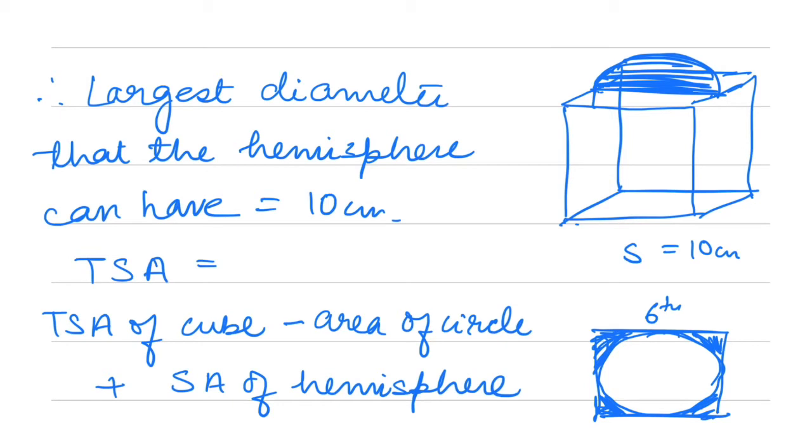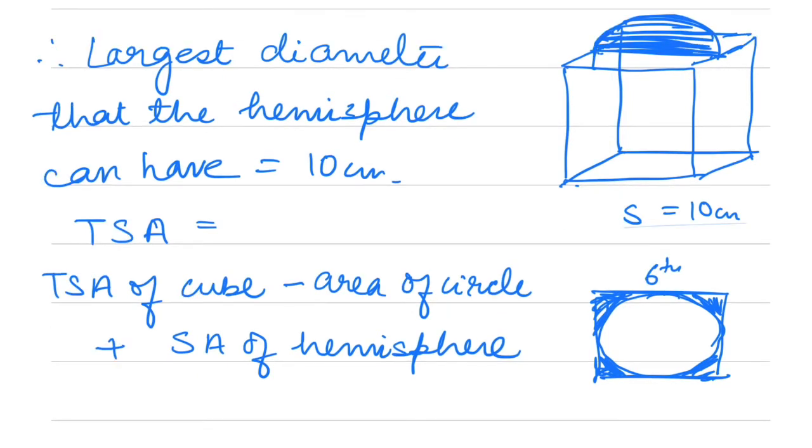Now let's write down the formulae. So total surface area of cube is 6a square, side square, minus area of circle is pi r square plus surface area of hemisphere is 2 pi r square.